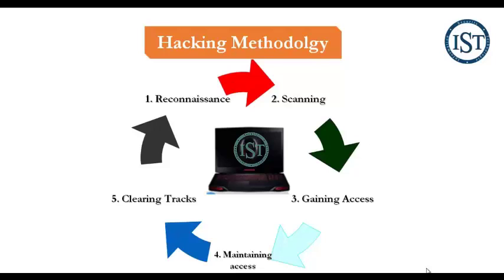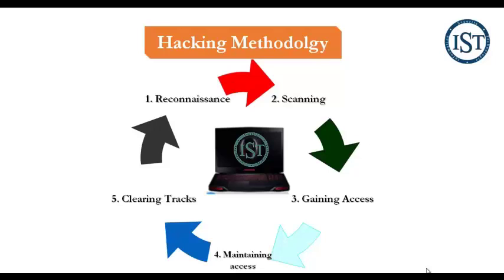And the next one is scanning. In this step, the attacker tries to scan the target. It means he will not physically touch, but he will try to scan the target using some tools like Nmap, and he will try to gather the information. And this particular scanning step is also known as active information gathering.